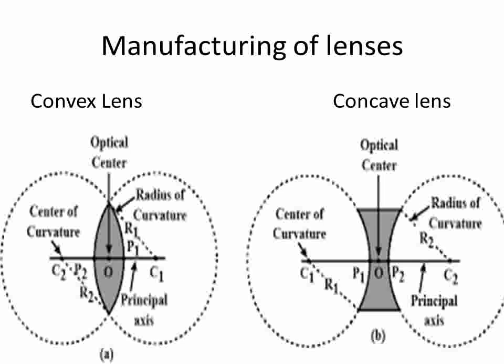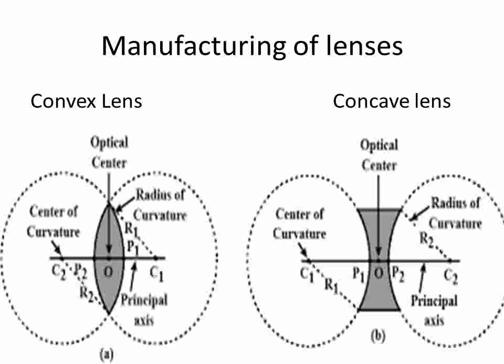Whereas in the other diagram, the concave lens, the two circles are not intersecting. They have a distance between their outer circumferences or periphery, and the figure formed is a concave lens.